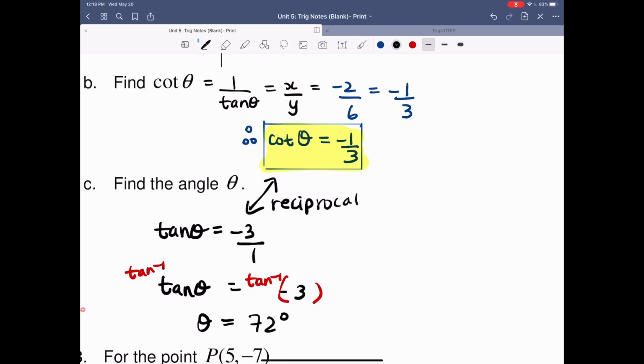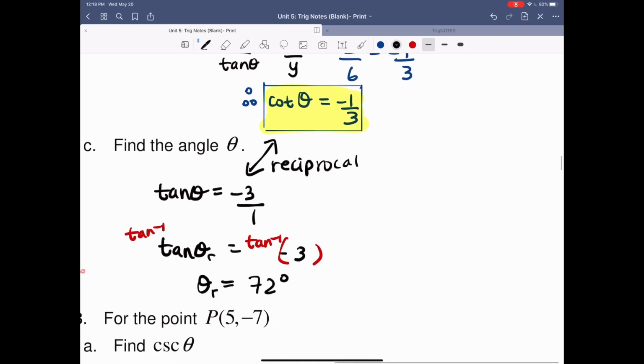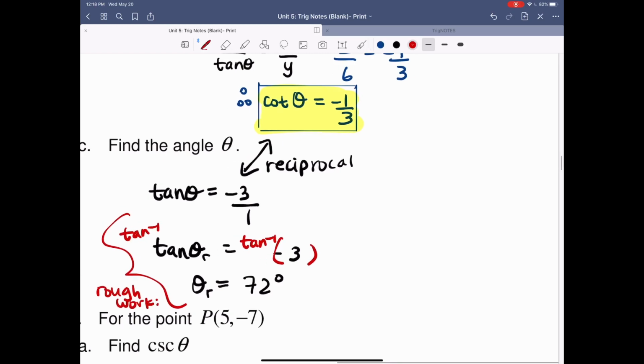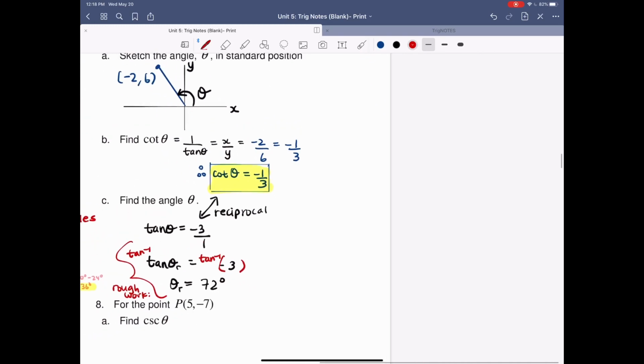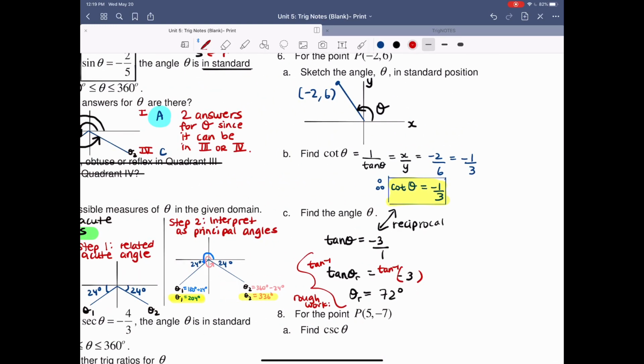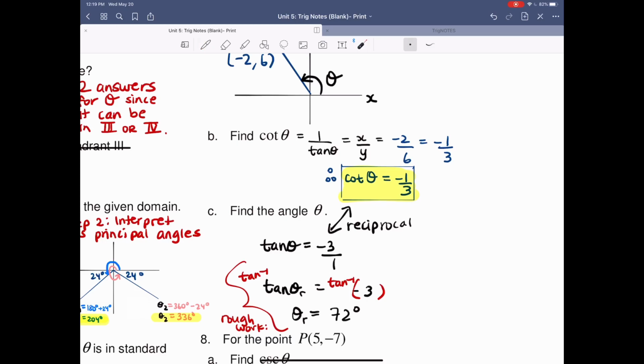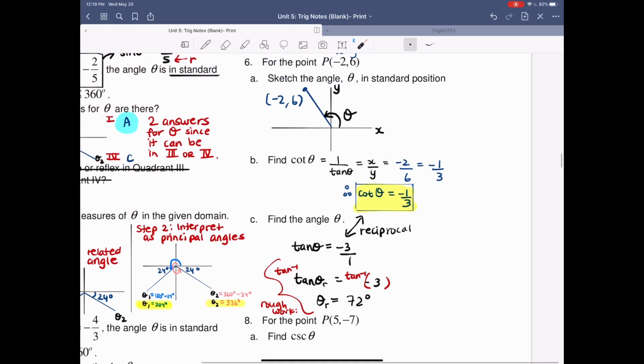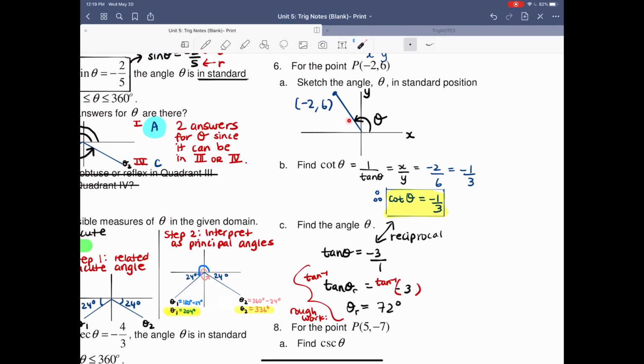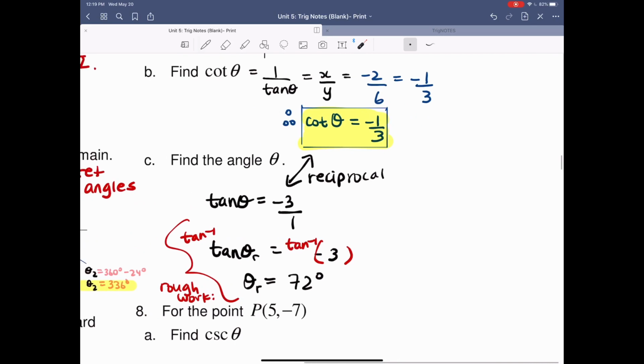Keep in mind when you're doing this, you're actually finding the related acute angle and not the actual angle. So I'm going to indicate that this is actually my rough work. It's not my actual answer because I'm just finding the related acute angle. If you look here, that is definitely not 72 degrees. But what that 72 degrees tells me is that that is the related acute angle my calculator is letting me know of. And from there, I'm going to use the picture.